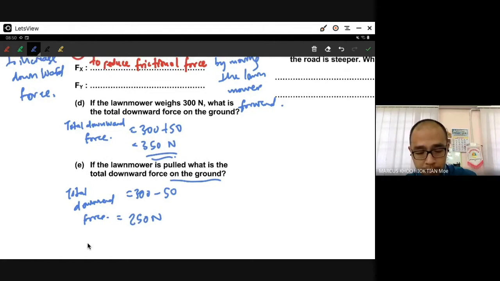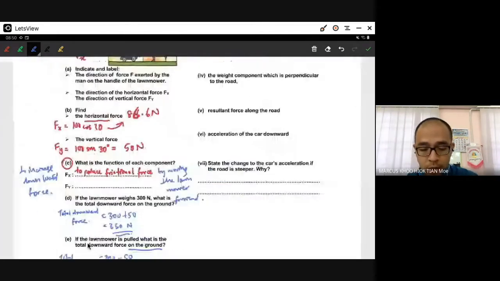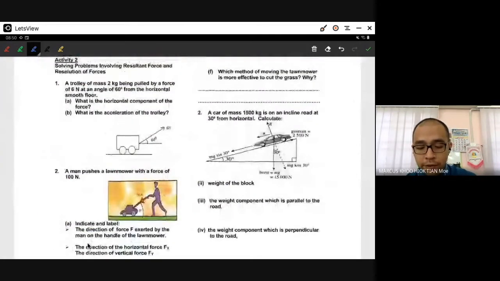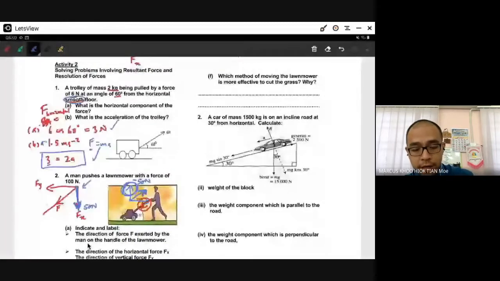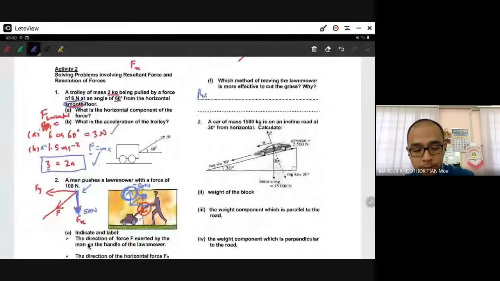Let's continue. F, which method of moving the lawnmower is more effective to cut the grass? This one I've already answered. Pushing. Okay, because, what did I say just now?